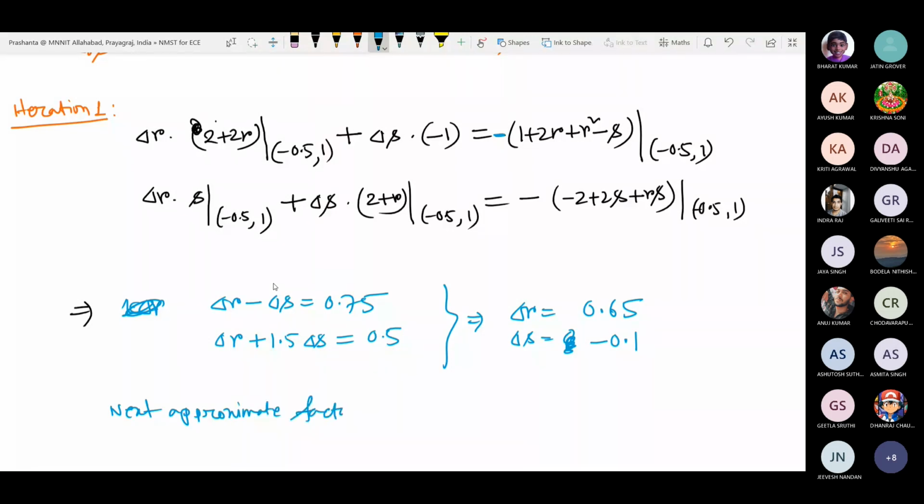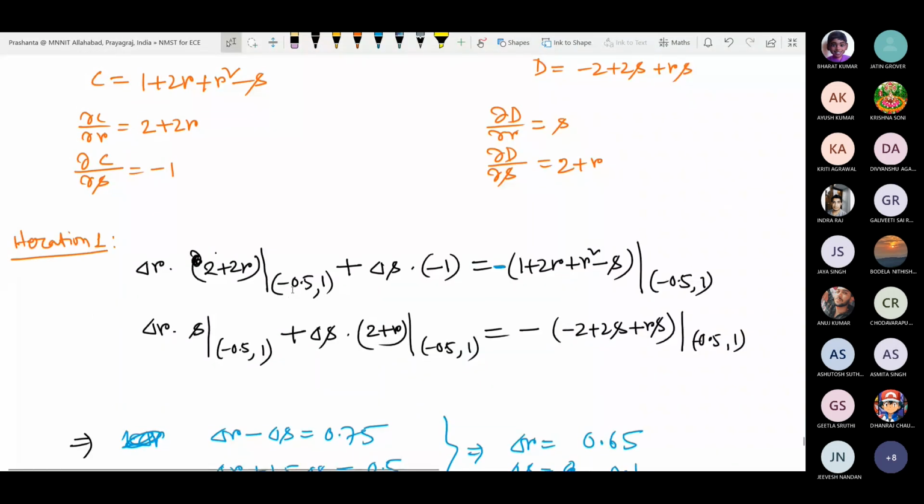so basically we are doing nothing. We are solving C of R, S equals to 0, D of R, S equals to 0 by numerical methods. Solving a system of non-linear equations by numerical methods. That is what you are doing. Nothing else.